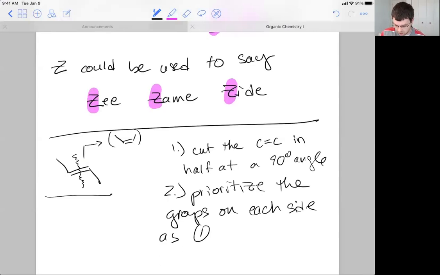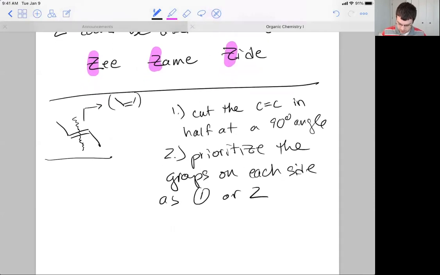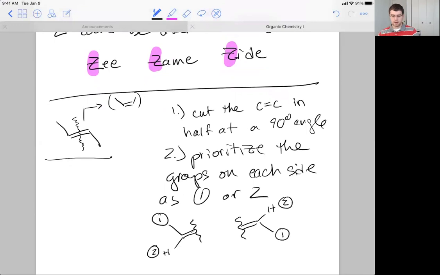So it's 1 or 2. So what I'm going to do is focus on the left side. Now we have 1 for the methyl group, and the hydrogen gets 2. Now on the opposite side of our alkene that we cut in half, we have 2 for the hydrogen and 1 for the methyl group. So you only have 2 groups that you have to prioritize. You only go up to 2 and you just do it on each side.